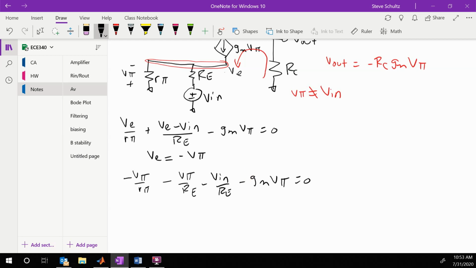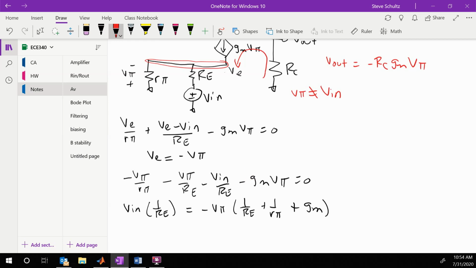So now we're just going to put our V pi's and our Vins on opposite sides. So Vin times 1 over RE equals minus V pi times 1 over RE plus 1 over R pi plus GM.